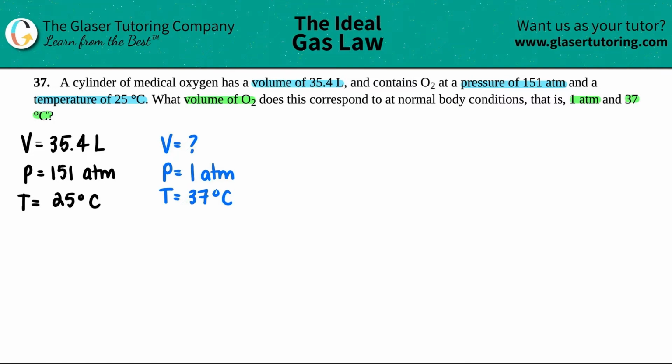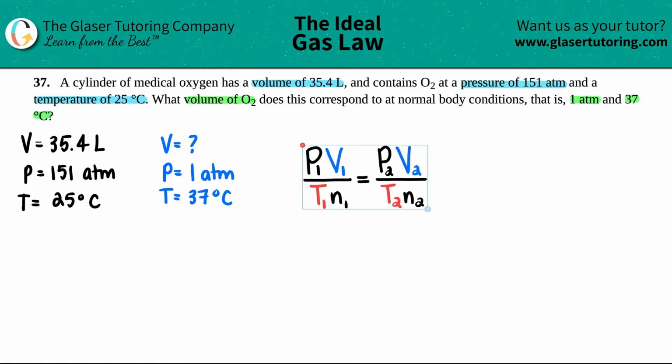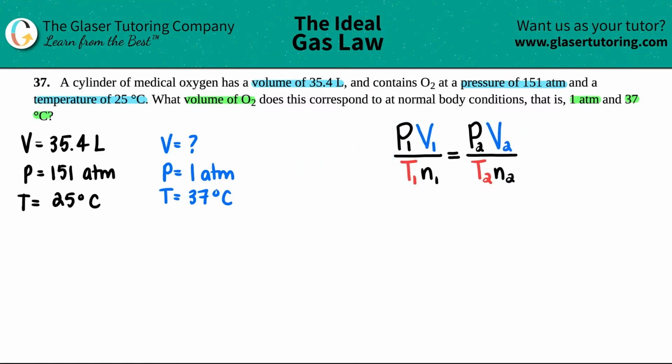Okay, now from here, we'll be able to find out what formula we're using. Remember, if you're given sets of variables, 2 volumes, 2 pressures, and 2 temps, we're going right into the combined gas law. I love this formula. P1V1 over T1N1 equals P2V2 over T2N2. The good thing about this formula is that you can get rid of variables that you didn't talk about.